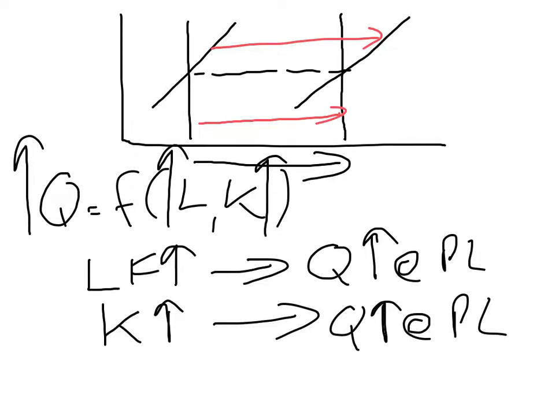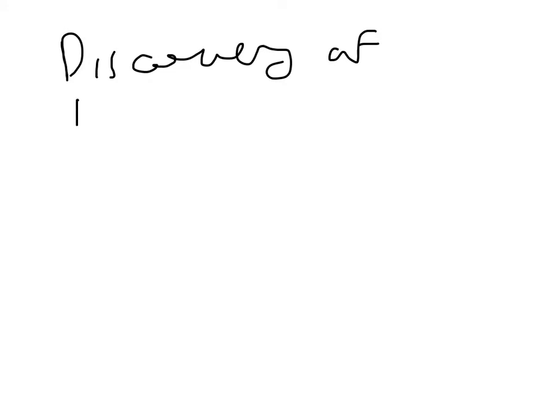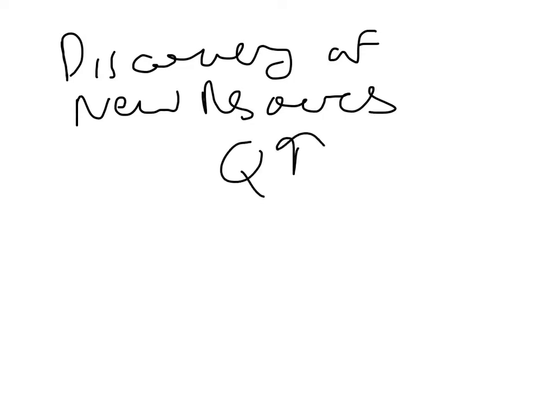All right, there are two other reasons that will cause both of those curves to move out together, in other words, to move in tandem. Another one is discovery of new resources. It's going to cause the quantity supplied to increase at each and every price level.